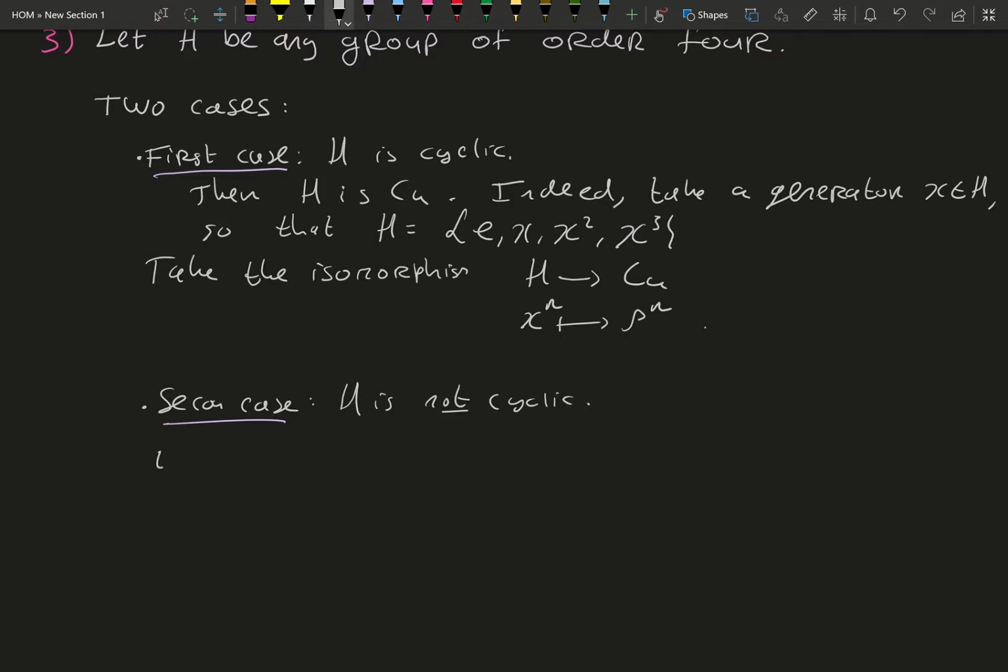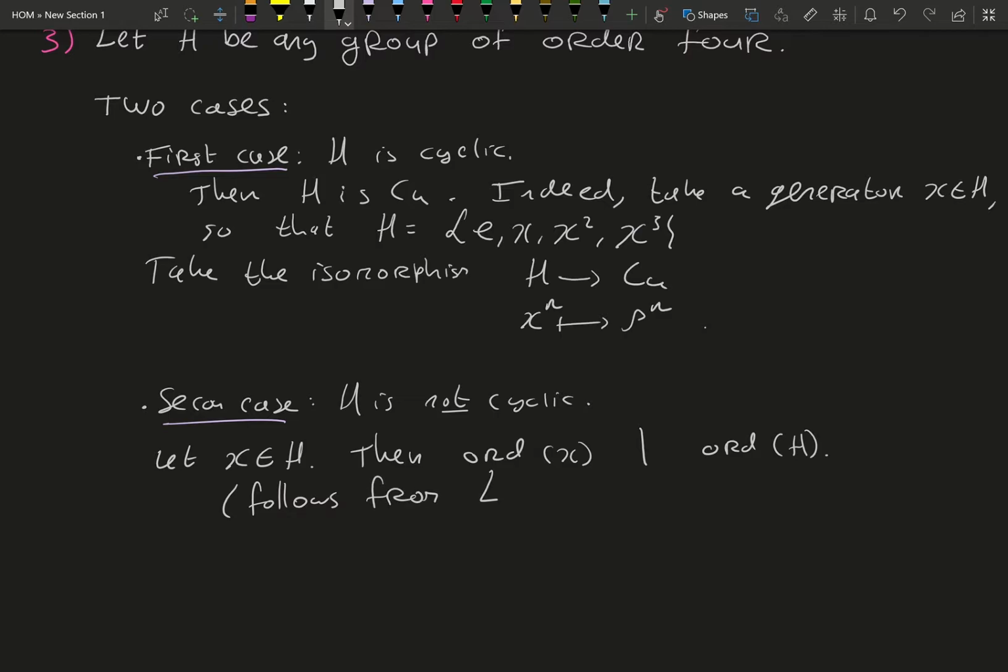So let x in H just be any element. Then the order of x divides the order of H, which we can write like this. Or let's write it like this. The order of H. And this follows from Lagrange.